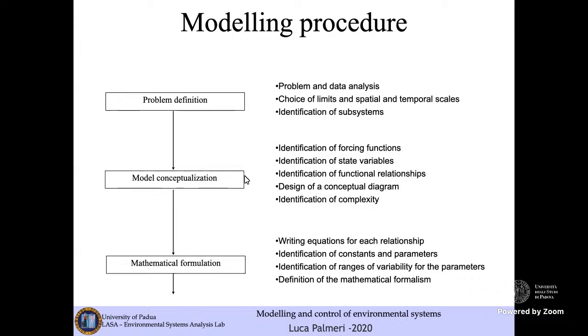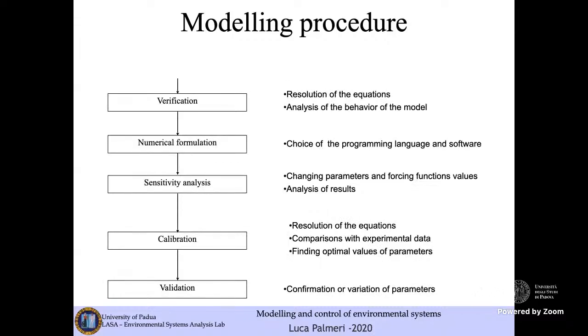It is in the moment in which you do a mathematical formulation that you identify the ranges of variability of the parameters. And then you go to the definition of the mathematical formalism. Mathematical formalism by now should be clear: ordinary differential equations, partial differential equations, or matrix formulation, and so on.